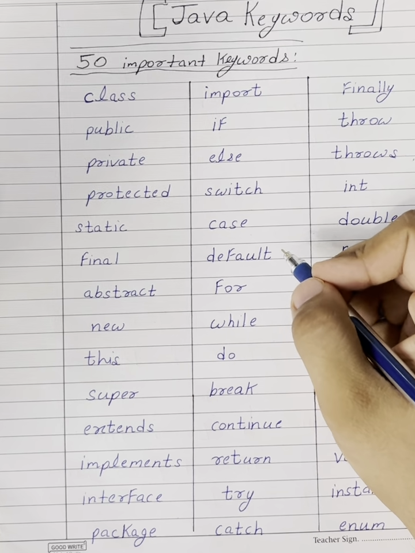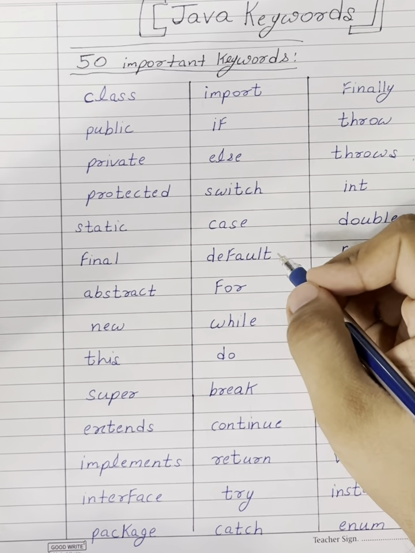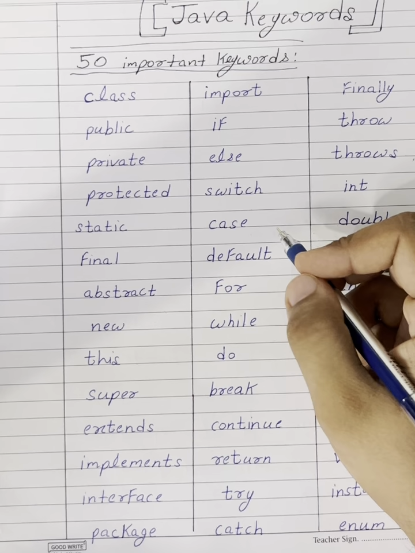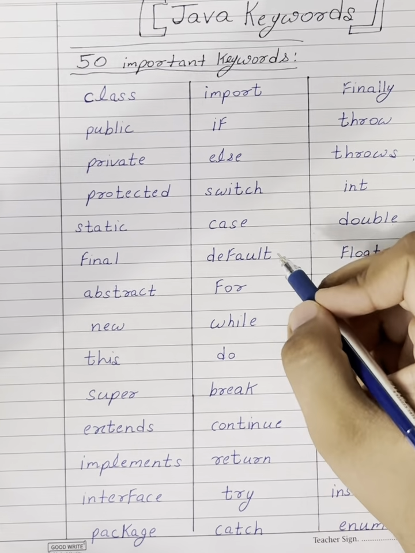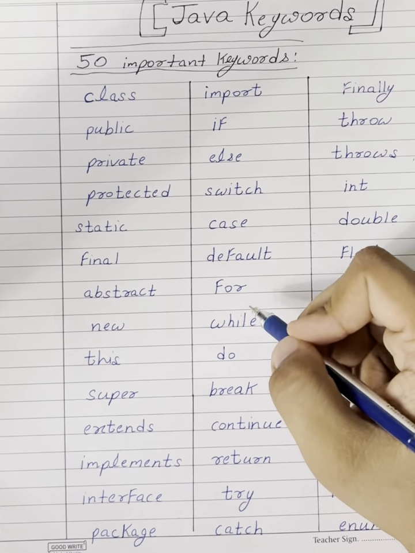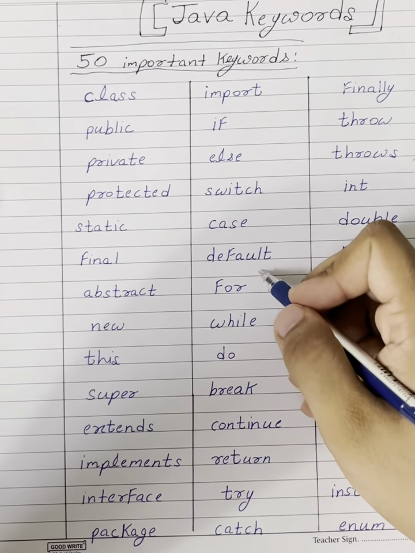And next is default keyword. This default keyword is used inside a switch statement to define the block of code that should execute when none of the specified case values match the switch expression.